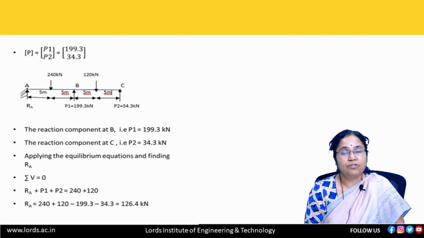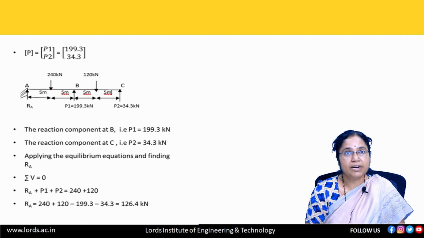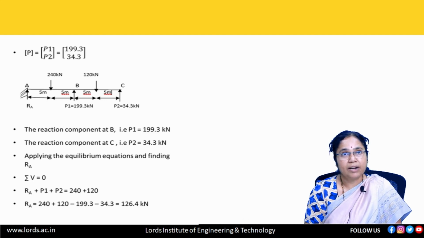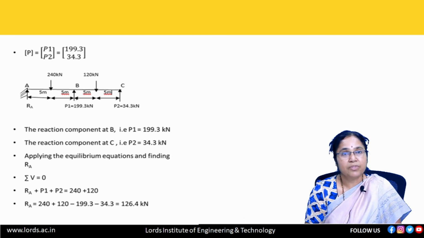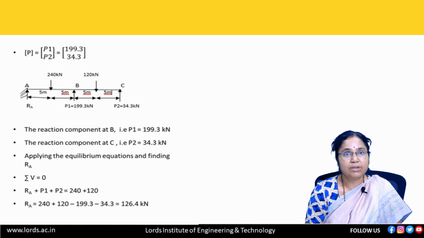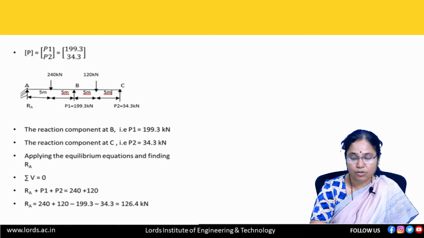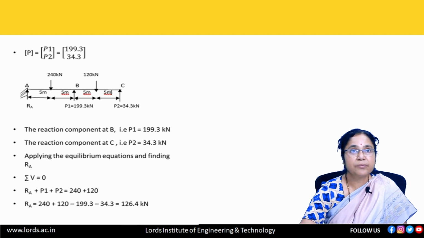So now we need to find out the reaction component at A, that is RA. The reaction component RA we can find out by equating sigma V equal to 0, the sum of all the vertical forces equal to 0. So RA plus P1 plus P2 equals 240 plus 120. So RA equals 126.4 kilonewtons.